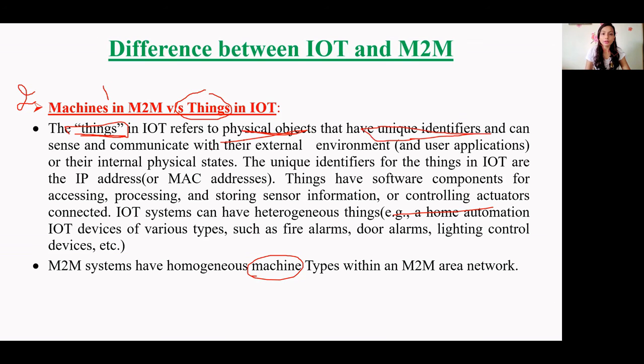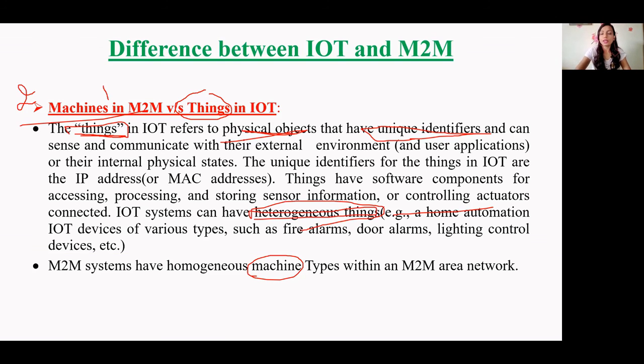So it is heterogeneous, because I can connect one mobile, one laptop, and maybe some other thing, like this water bottle. They are not the same. Whereas in M2M, all the devices will be the same, all will be machines. So in IoT the things are heterogeneous, but they have a unique ID to identify them.